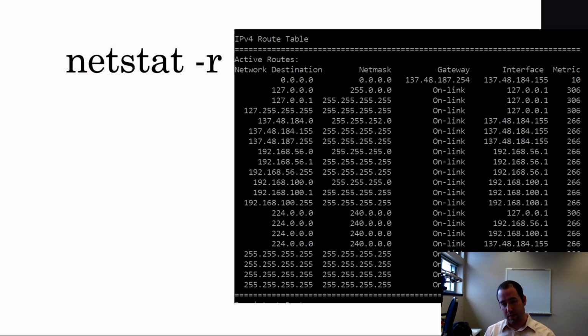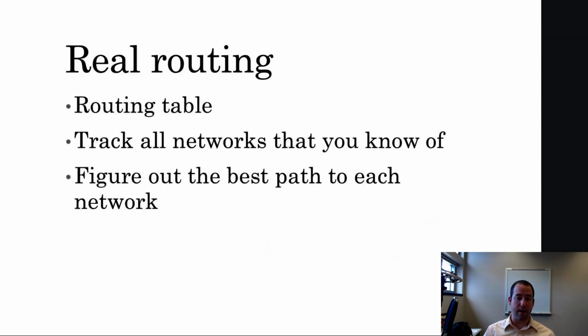So this routing table, while it has a lot of stuff in it, it doesn't have a whole lot of different networks. In fact, it really only has the 192.168 network and the 137.48.184 network. And nothing else, no other networks are contained in there. However, if you were a real router, say within Cox's network, you had one of their routers, then you would... And again, I'm not talking about the router that you have in your house.